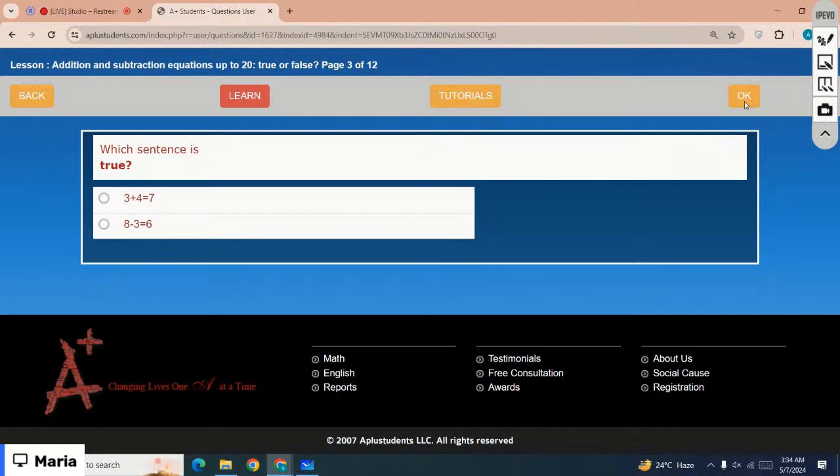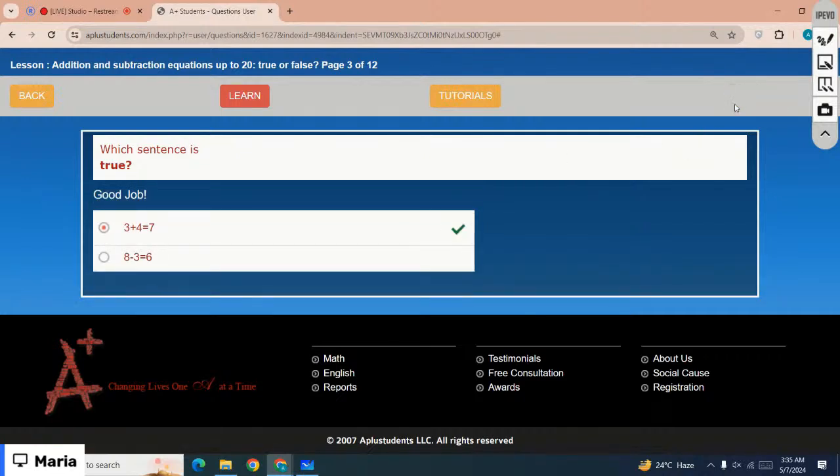Yes, that's option number 1. 3 plus 4 equals 7.